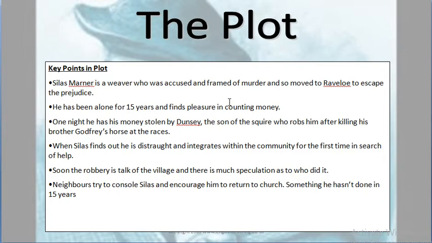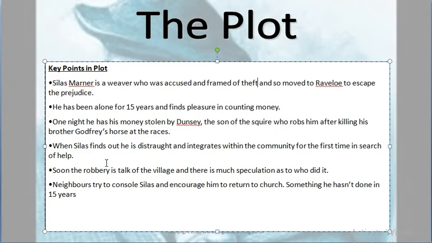One night he has his money stolen by Dunsey, the son of the squire, who robs him after killing his brother Godfrey's horse at the races.